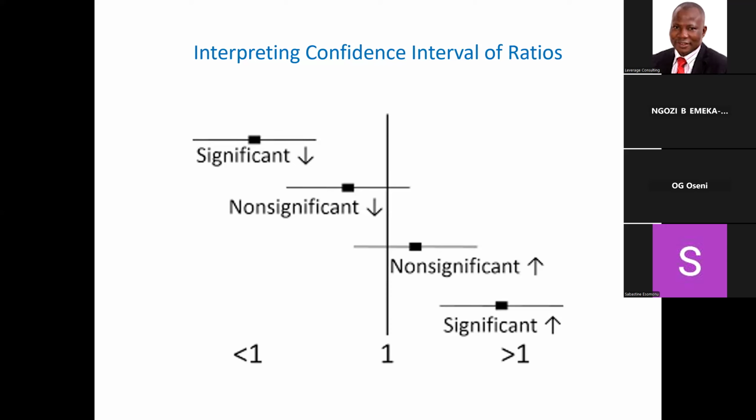But the lower end of the confidence interval is less than 1, while the other one is greater than 1. So it has included 1. It's not significant also. But the last one, the relative risk is greater than 1, and both the lower and upper are greater than 1. It shows that it's significant. That shows that the factor is responsible for the disease. I think it's very clear.